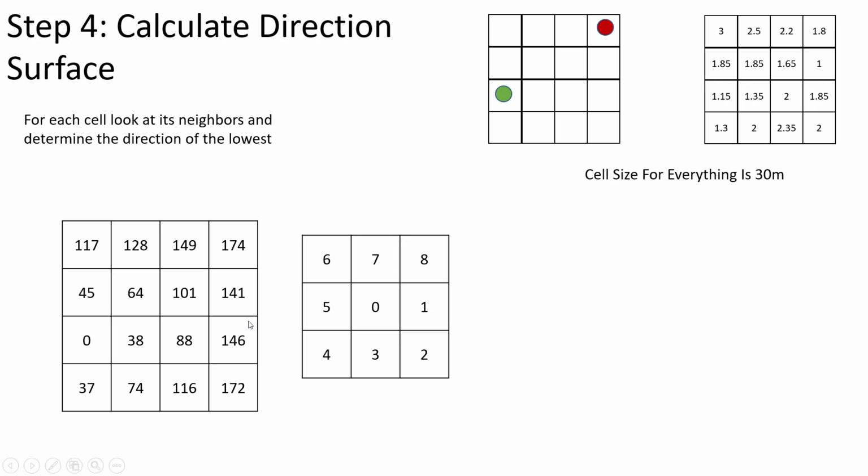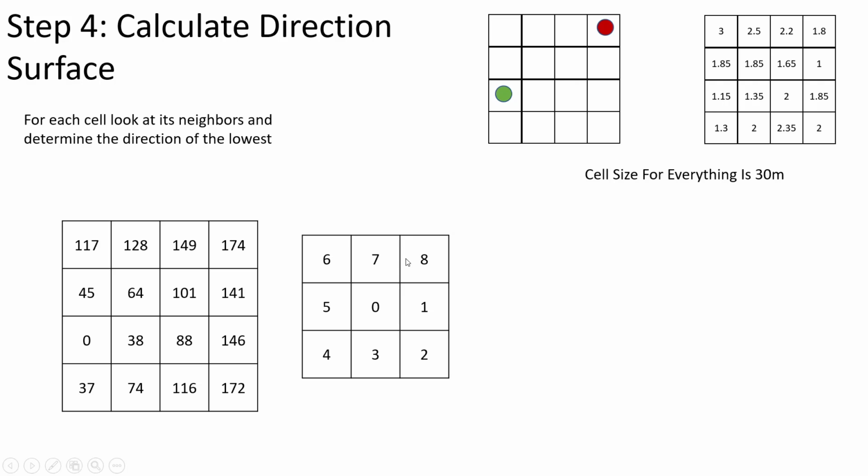But basically what we're going to do is from the cell we're standing on, if we have to go right to enter the lowest value cell, our cell would get a value of 1, right? If from our cell we had to go northwest to enter the lowest cell, our cell would get a value of 6, right? If from our cell we had to go southwest to get to the lowest cell, our cell would get a value of 4, right?